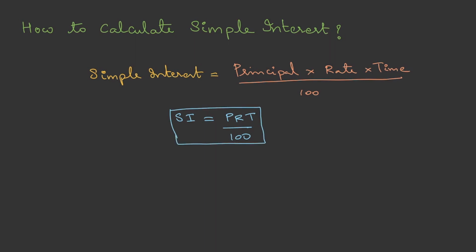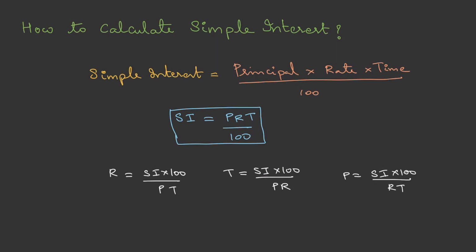If the question asks for simple interest, we can use this formula. If it is rate of interest, then R will be SI into 100 by PT, time is simple interest into 100 by PR, and principal is simple interest into 100 by RT. So basically these are the other permutations possible with this formula.